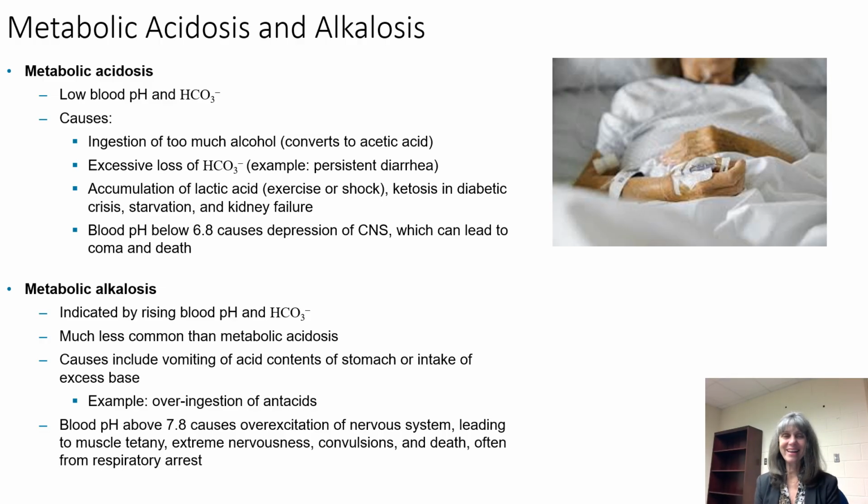If an excessive base is ingested, that can also cause alkalosis. So if the pH of blood rises above 7.8, that can cause overexcitation of the nervous system, which can lead to muscle tetany, extreme nervousness. It can cause convulsions and death, often from respiratory arrest.